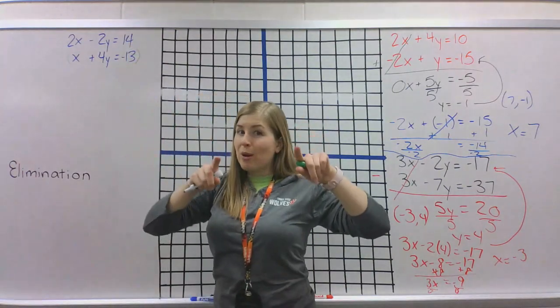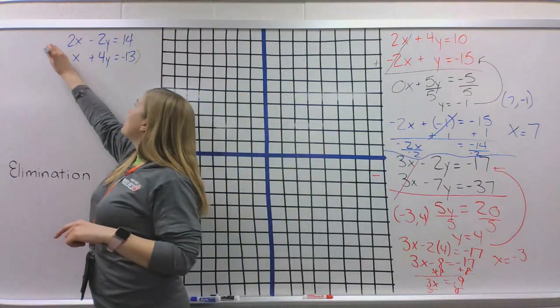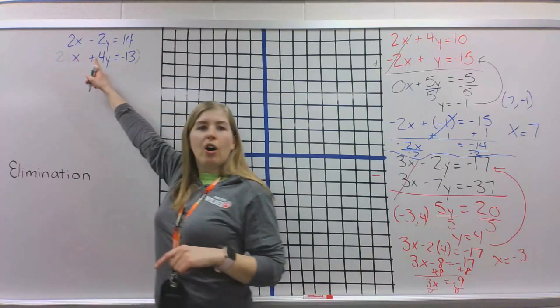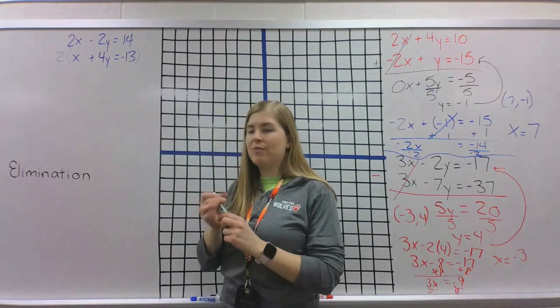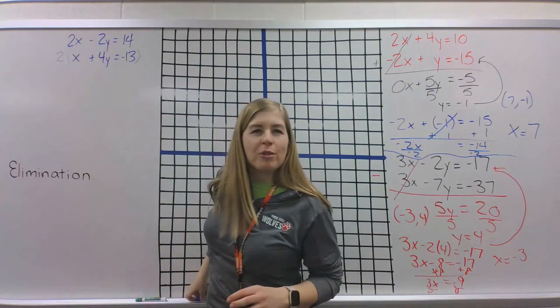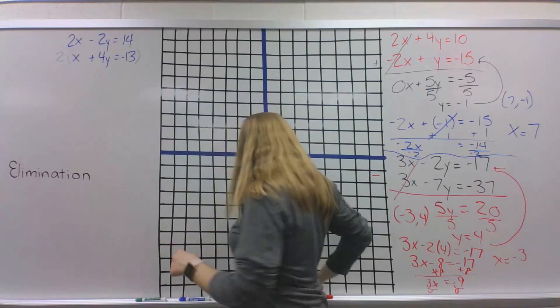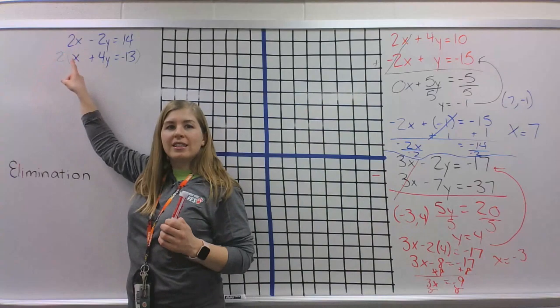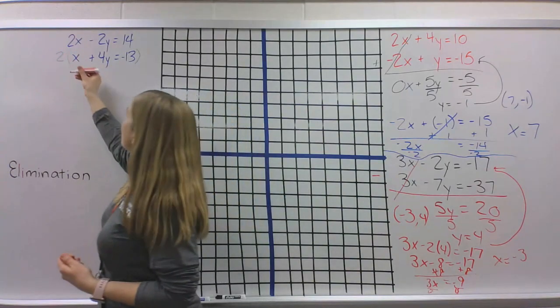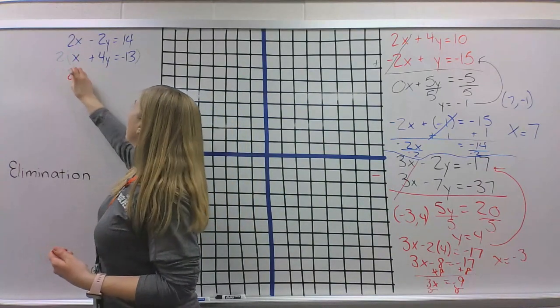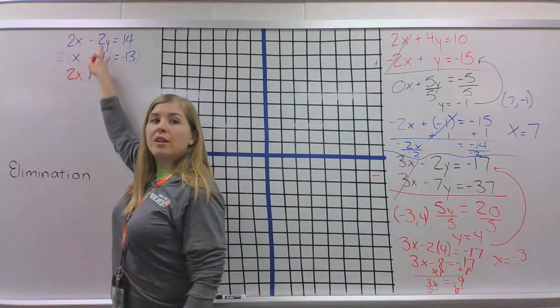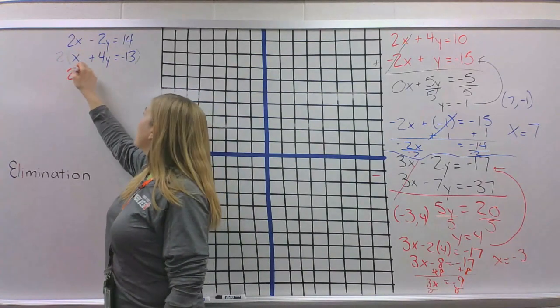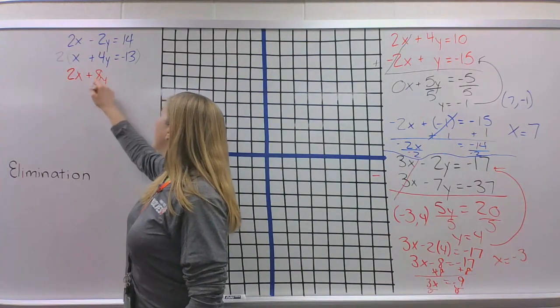So what I'm going to do is multiply. I'm going to distribute, remember distributive property, a 2 to all of the terms in this equation. Green doesn't show up as well, so I'm going to switch markers. All right, so if we multiply 2 times x, we'll get 2x. If we multiply 2 times positive 4y, we're going to get 8y.